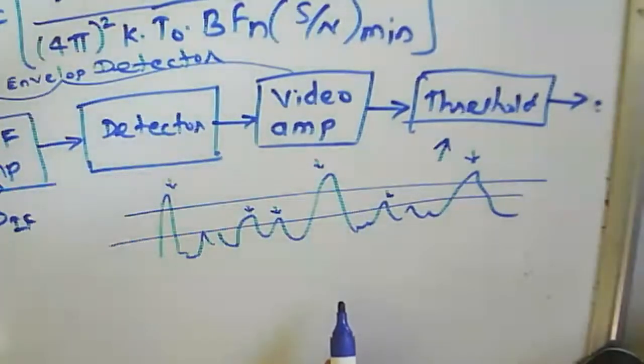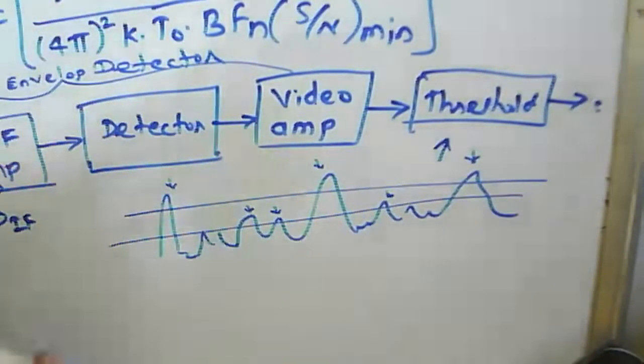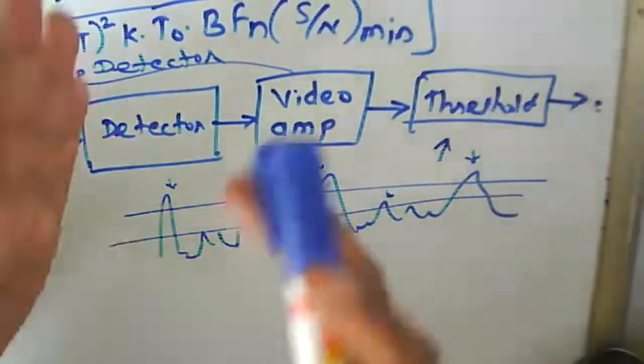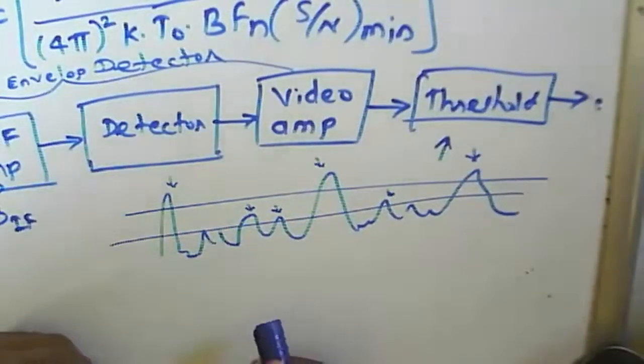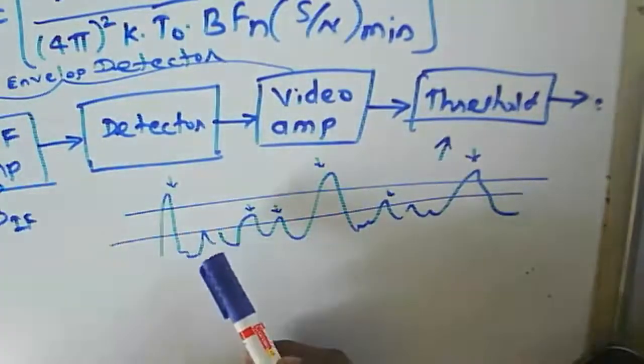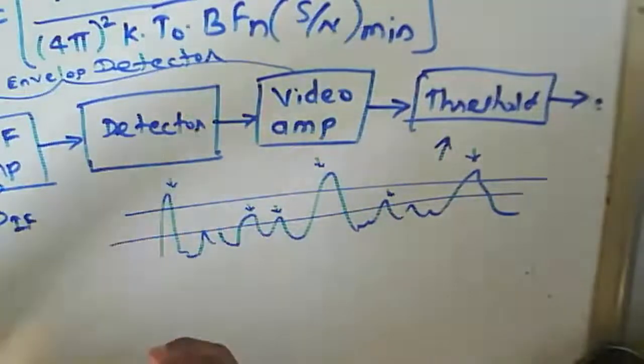Now we are supposed to find out, for a given number of pulses we are sending, which pulses we are receiving. Suppose I am sending 100 pulses. Out of those 100 pulses, how many pulses are received by the receiver? That we need to discuss again.